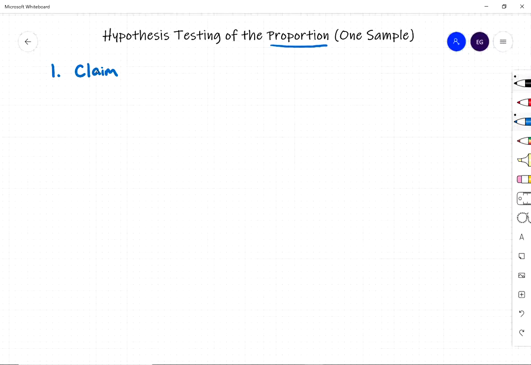Okay, so you're going to start with the claim, and that's going to be, for all intents and purposes in this class or in any stats class, the claim that's given to you in the problem. And what you want to do with the claim is represent it symbolically. So basically the claim is going to be either the proportion is equal to some number, the proportion is not equal to some number, the proportion is greater than or equal to some number, and C is just any number from 0 to 1.